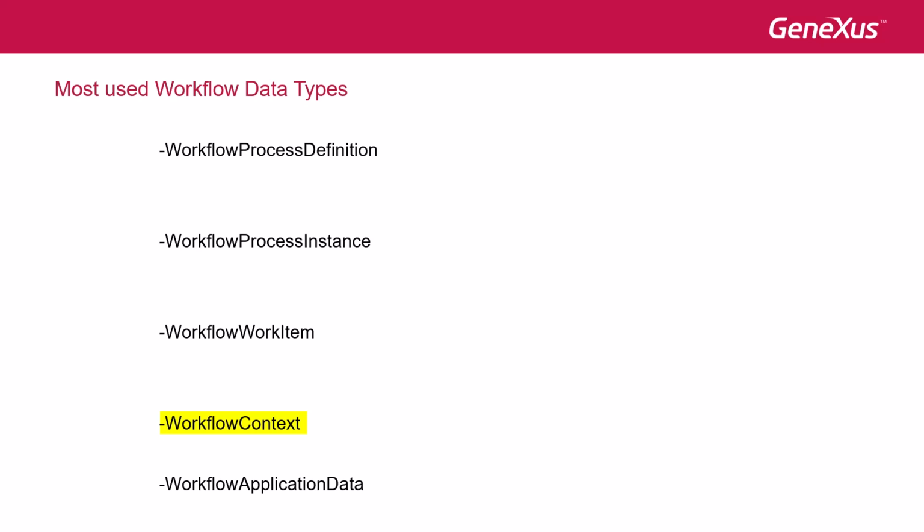This automatic instancing of the context enables us to know the values of the process definition, the instance of the process, and the work item associated with the activity. Lastly, the workflow application data type is the one we use when we want to work with relevant data, like when we store relevant data that we obtain through the getApplicationDataByName method.